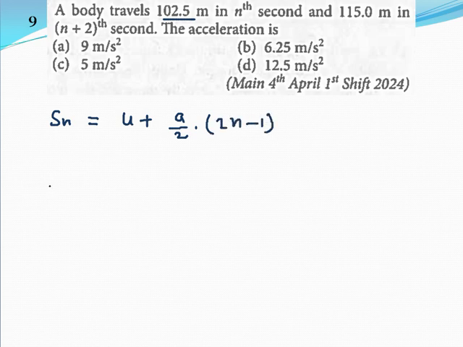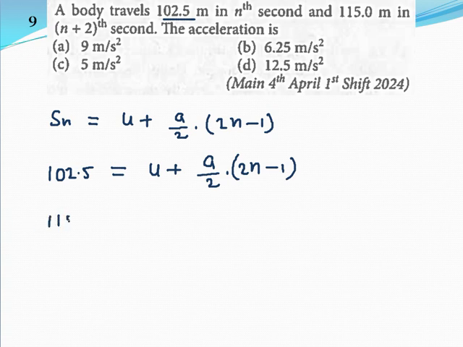So in nth second, I will write 102.5 equal to u plus a by 2 times 2n minus 1. Now in n plus 2th second, 115 is equal to u plus a by 2 times n plus 2, so putting the value, it comes 2n plus 3.